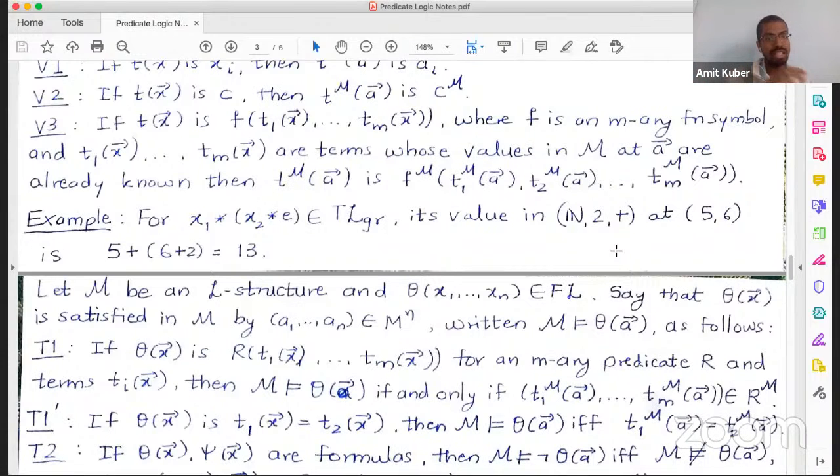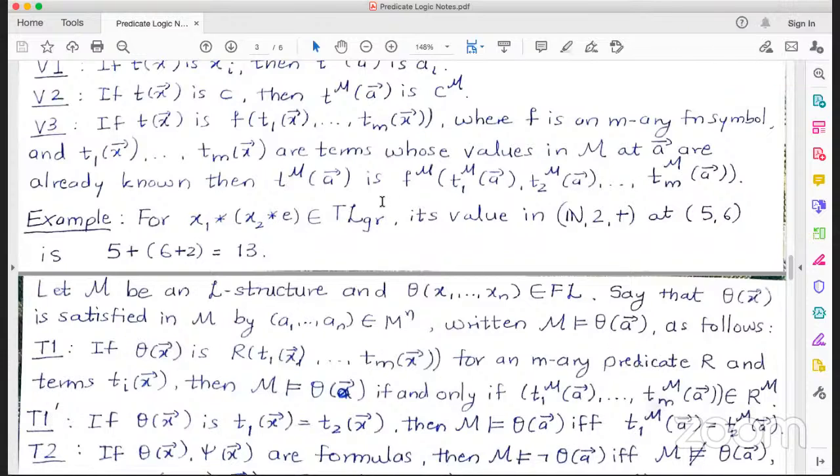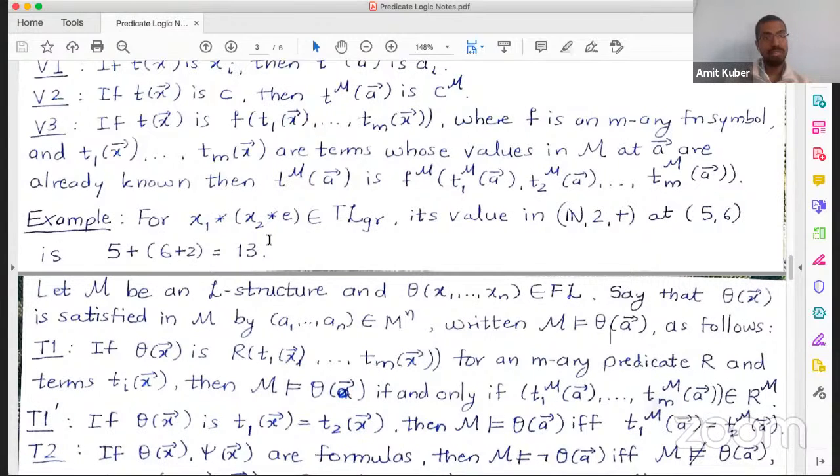So interpretations happen with respect to a structure, whereas syntactic objects just have their own standing. You don't need to choose any structure as such. Yeah, interpretations are relative to a structure.